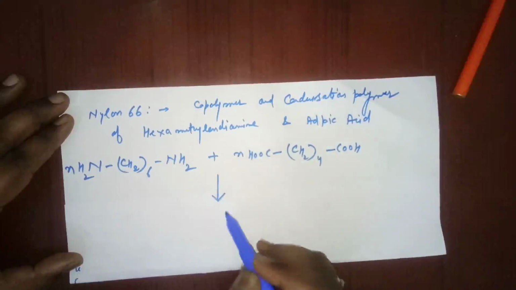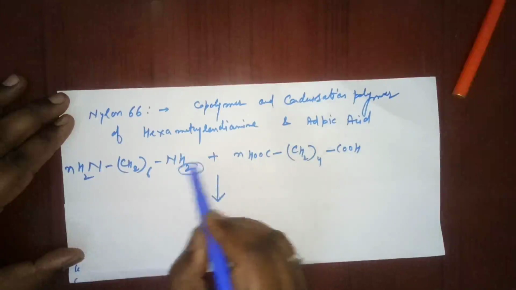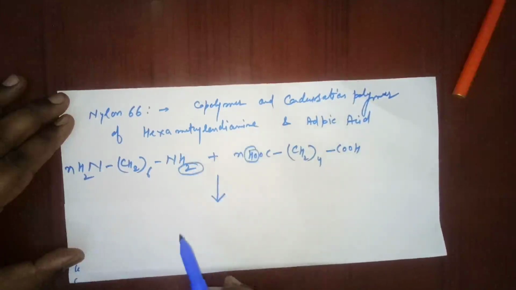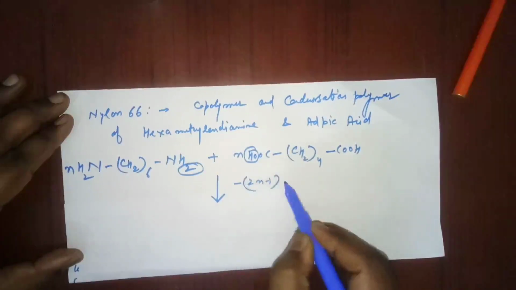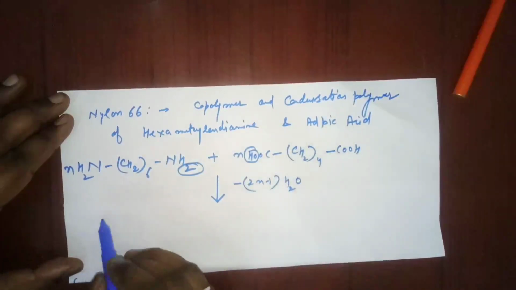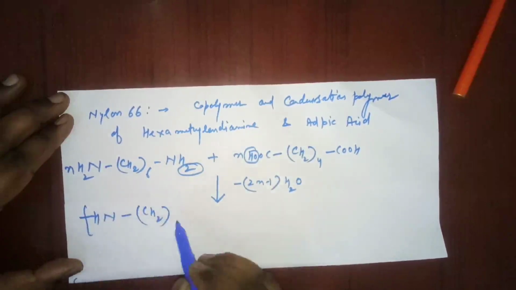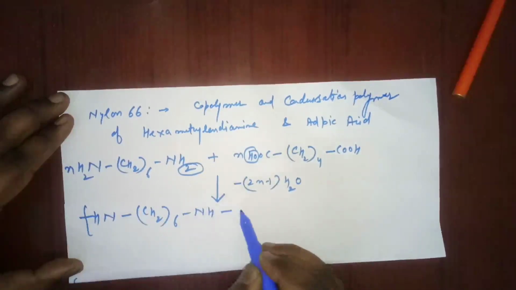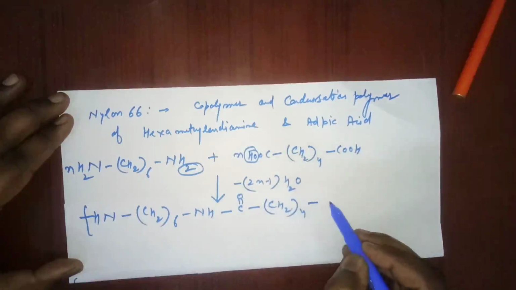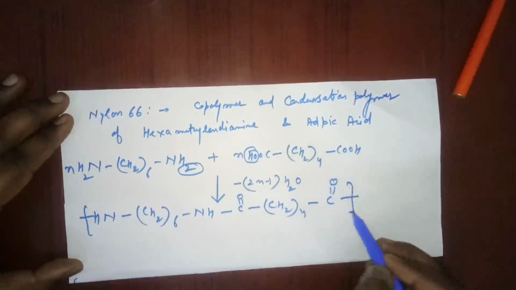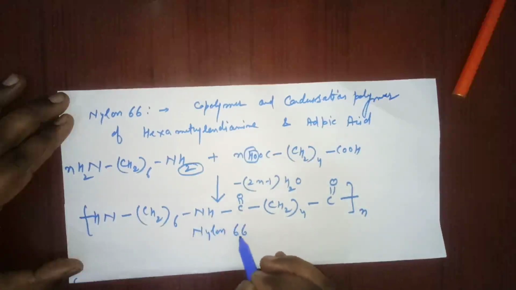They undergo condensation. In condensation, some water molecules are removed, and we get nylon 66.